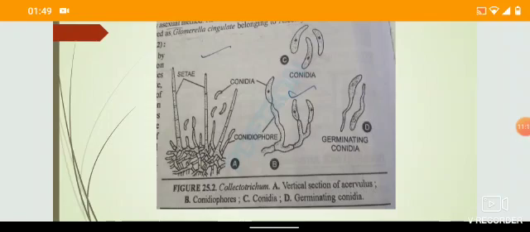As I've already told you, these conidia are held together by pink colored slimy mucilaginous secretion. And all these structures, the conidiophores, conidia and setae, are developed just below the epidermis.